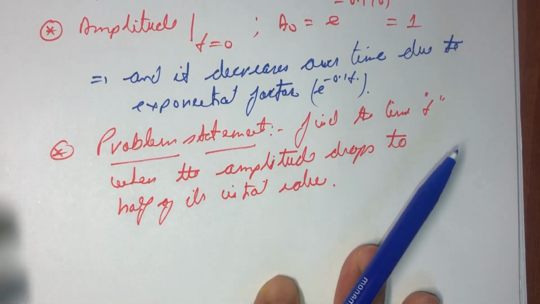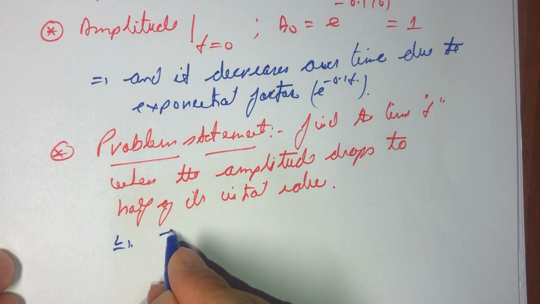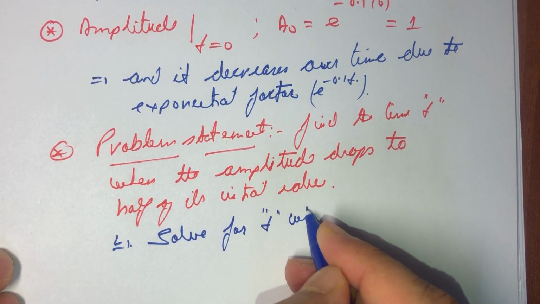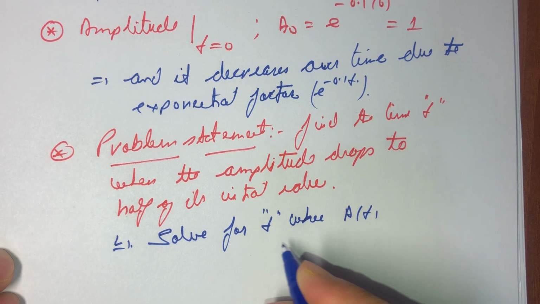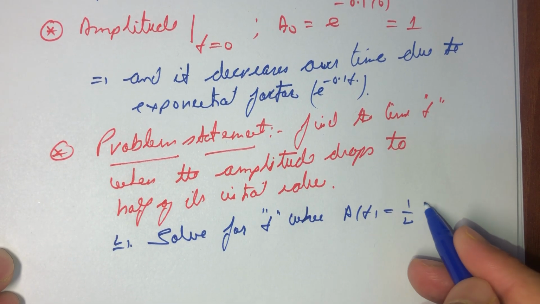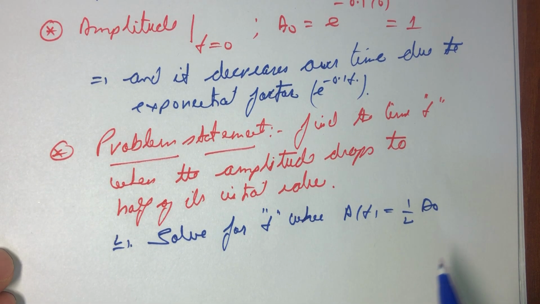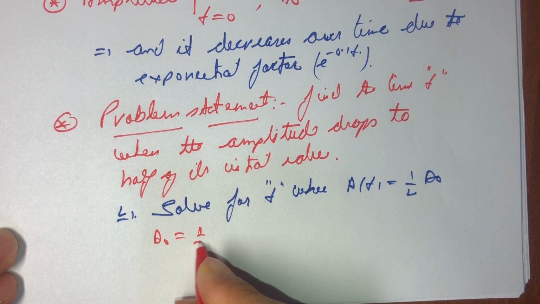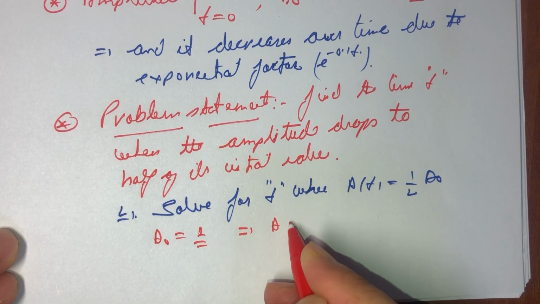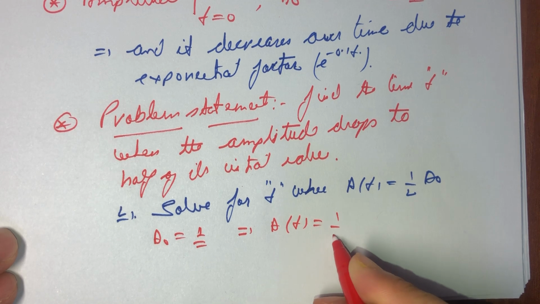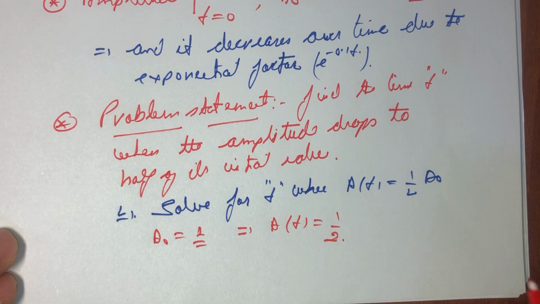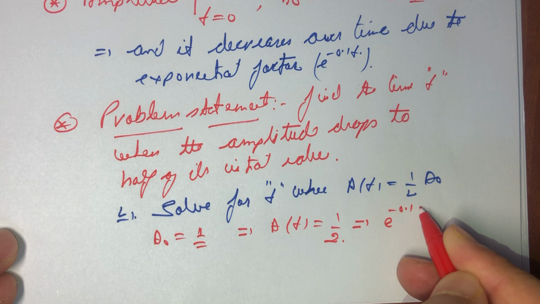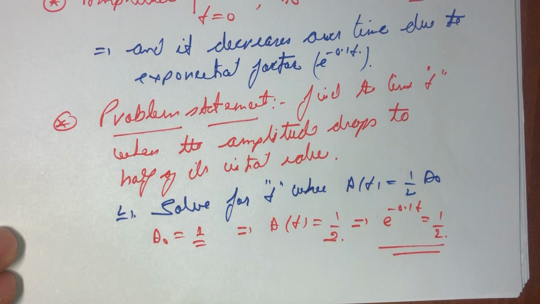So it basically means that we have to solve for t when the amplitude at this value of t will be equal to half of a naught, because a naught is the initial value, and we just found out that our a naught is equal to 1. So we have to find the time t when this amplitude becomes equal to 1 by 2. Or we can say a of t can be written as e raised to the power minus 0.1 t equals 1 by 2. So we have to solve this equation.